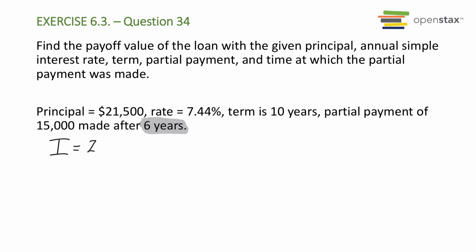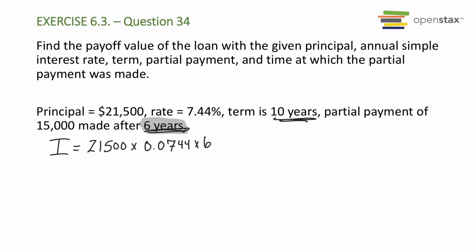So our original principal was $21,500 times 0.0744, and that was annually, and then we're going to multiply it by 6. Now, why have I not divided it by anything? Well, all of my terms here and the time that I made the partial payment is in years. It's not in days. And so I can just keep it in terms of 6 years.